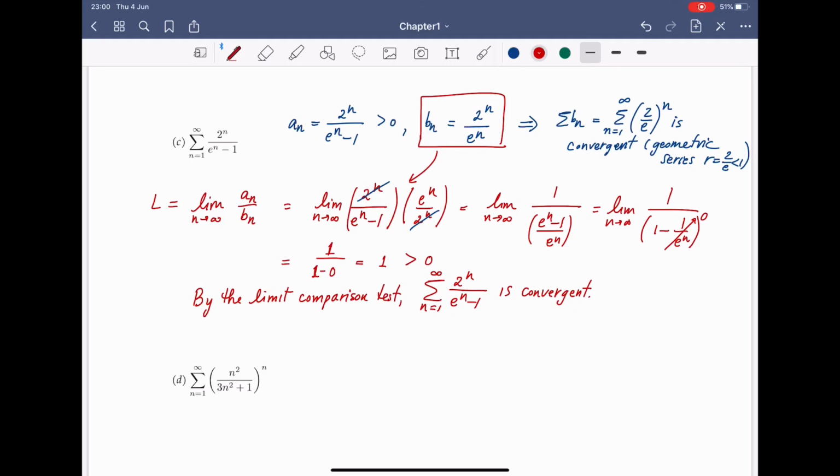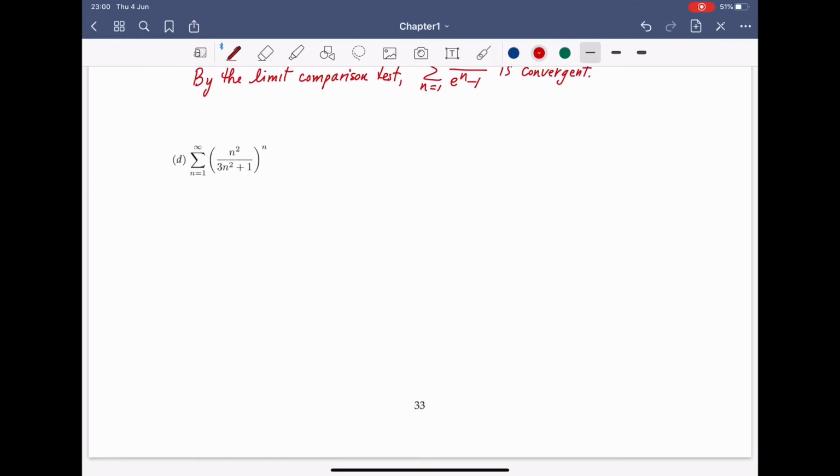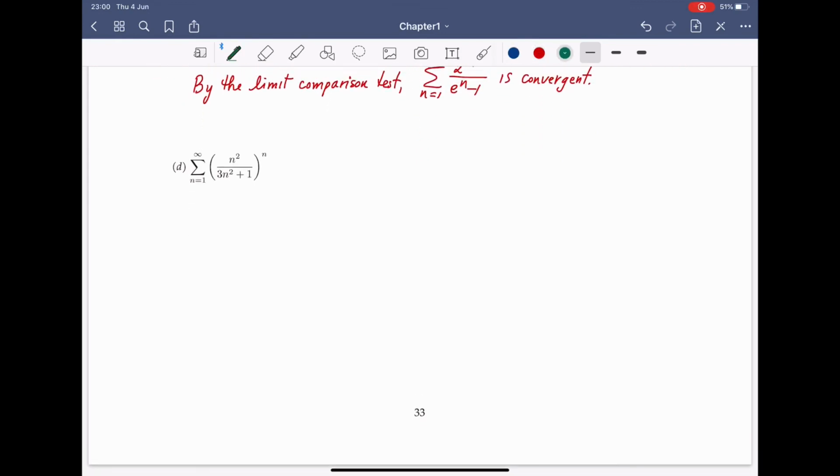Alright, so let's do the last part, part D. Here we have a_n equal to n square over 3 n square plus 1, all to the n. It is obvious that you need to use the root test because you have something raised to the n power here.